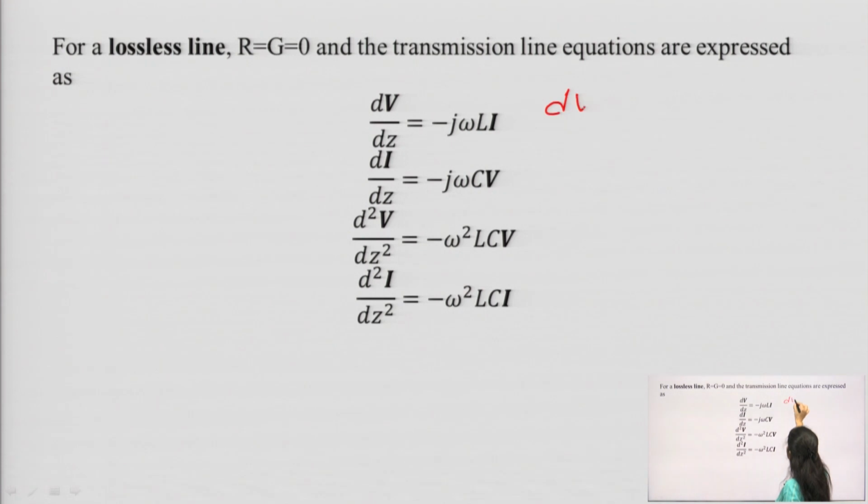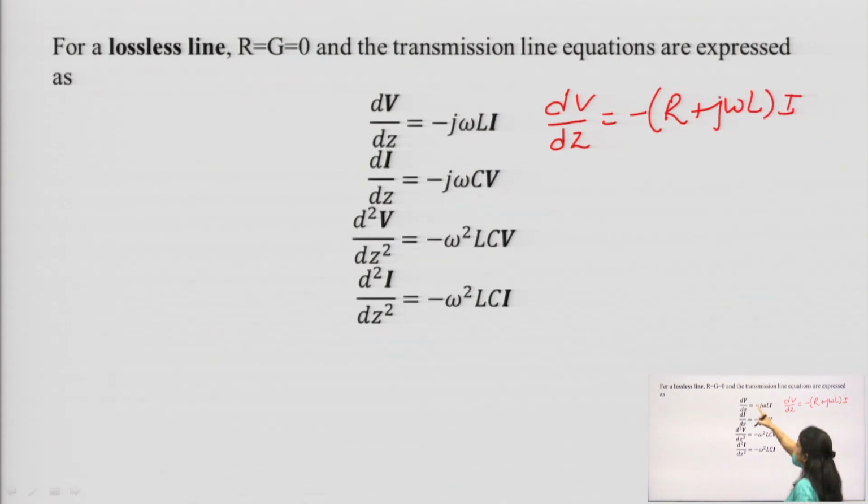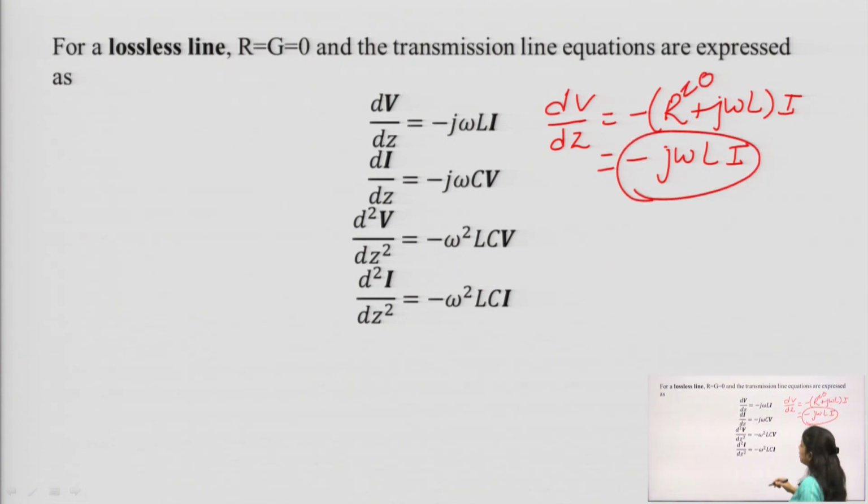We have dV upon dz equals minus (r plus j omega L) I. For the lossless medium r should be equal to 0, so with r equal to 0 we get this equation. Similarly, you can solve the rest of the 3 equations, replacing r equal to 0 and g equal to 0.